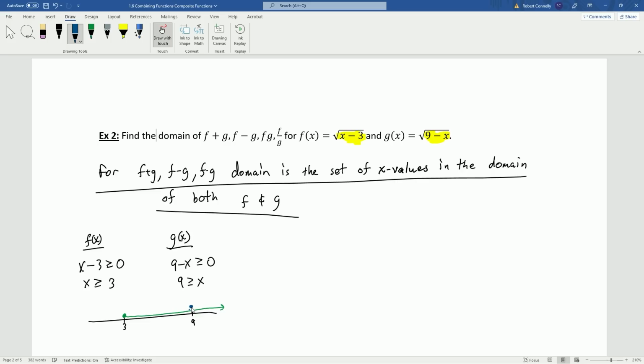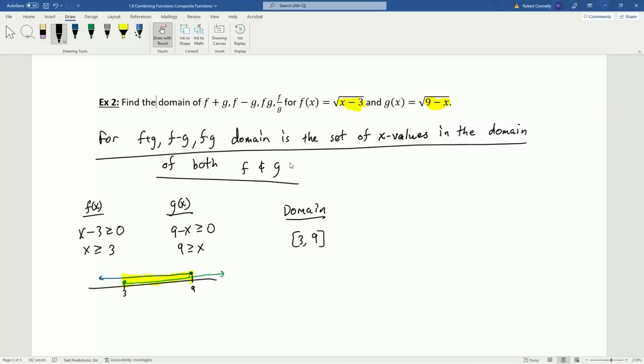So g is valid for everything to the left. But what we need is for both of these to be true. So this is where both are true. So the domain for these functions is given as the set of values between 3 and 9, including both 3 and 9.